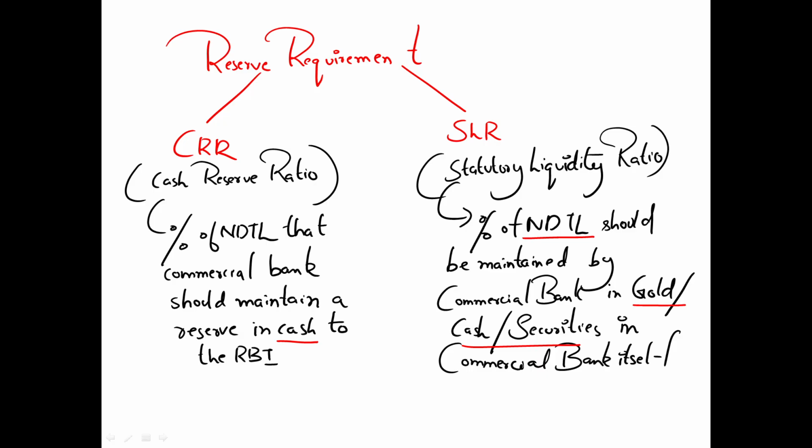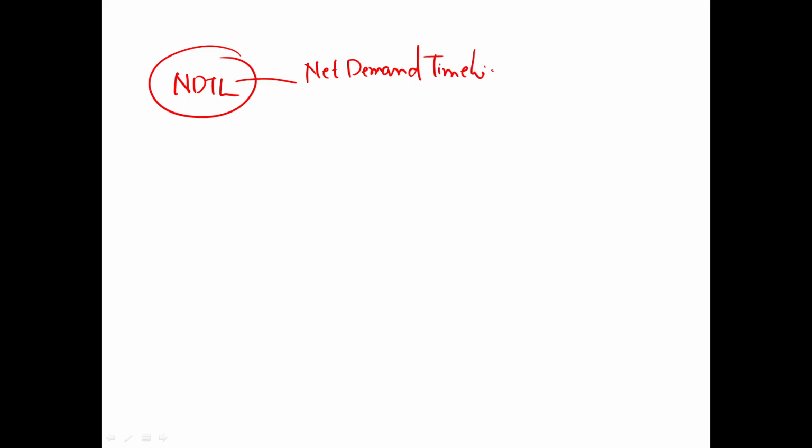I can explain this again. The CRR rate as of October was 3.75 percent, and the SLR rate as of October was 18 percent. Consider that the net demand and time liability of a commercial bank is 100 rupees.